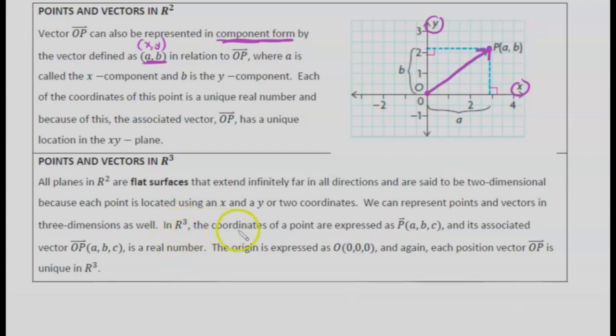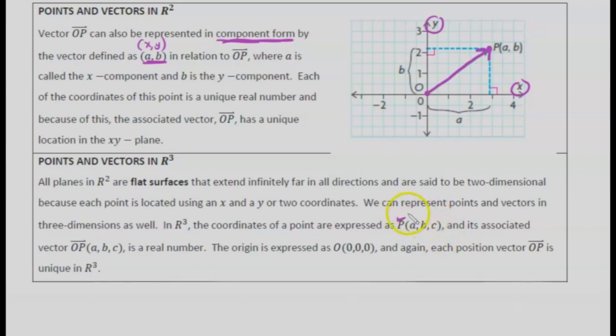In R cubed, the coordinates of the point are expressed as, okay, so point P is going to be expressed as (a, b, c). This is just point P would be (a, b, c).